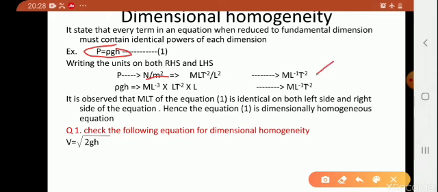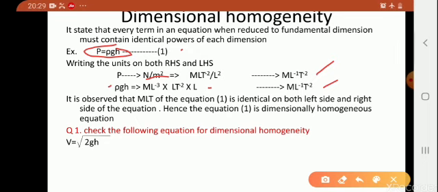And on the right hand side it is rho g h, and rho means mass into length raised to minus 3, g means L T raised to minus 2, h means length, so you will get the same. So when you check RHS and LHS, that is the right hand side and left hand side of equation number 1, you will get the same MLT form. And if this is the case, then we say that the given equation is dimensionally homogeneous.